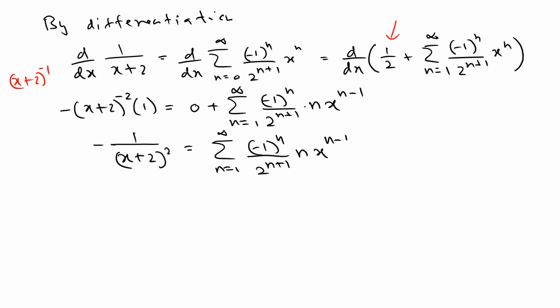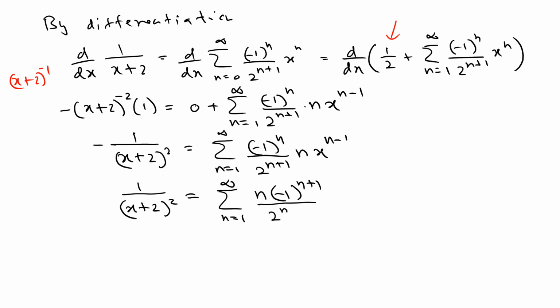If you do that, you get 1 over (x plus 2) squared equals sigma n going from 1 to infinity, n in front, (-1)^(n plus 1), and in the bottom 2 to the n plus 1, x^(n minus 1). You can see this change because you multiply by one more negative sign.